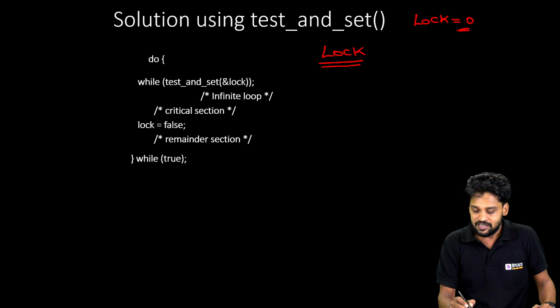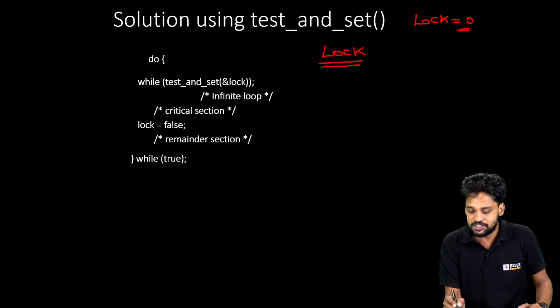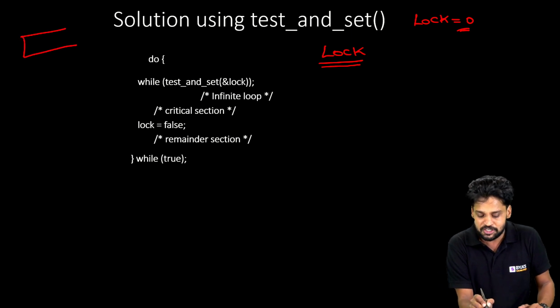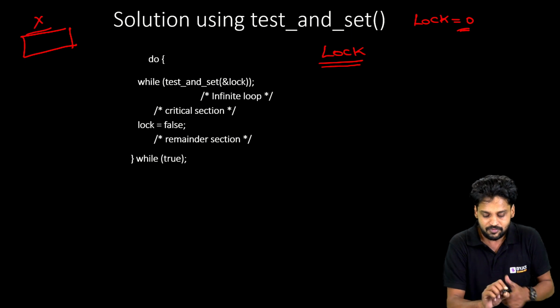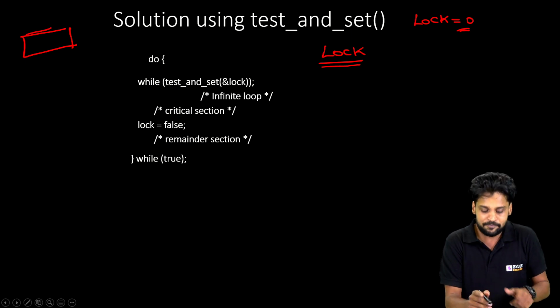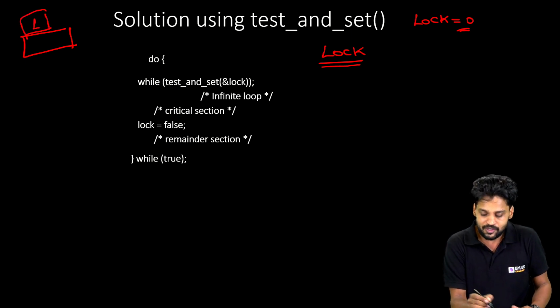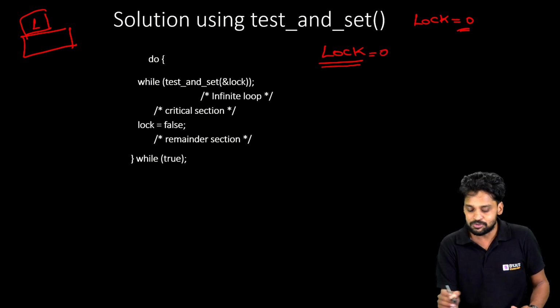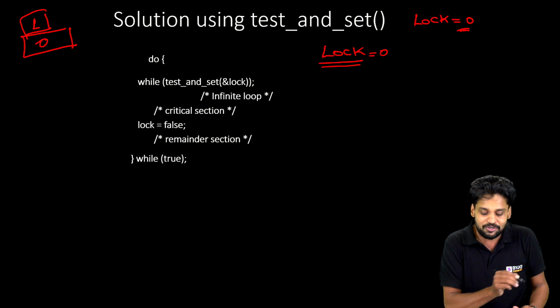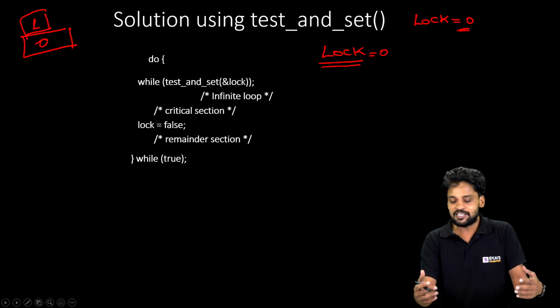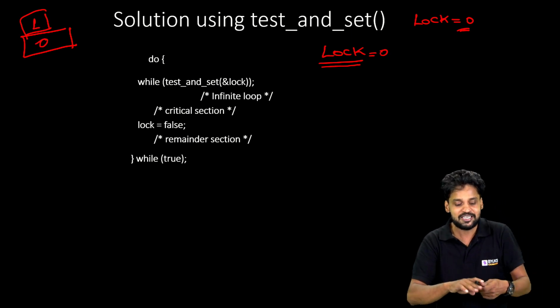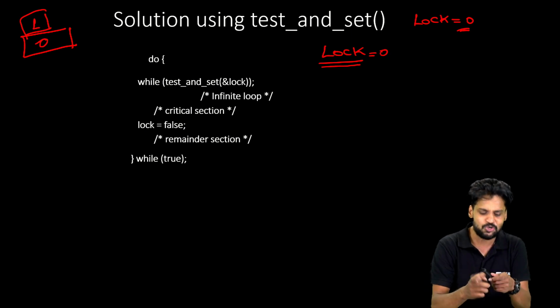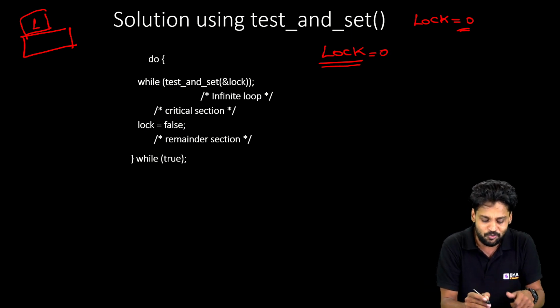If you use it in association with the test and set function, then our special register, I would say X, otherwise I would say L, will be assigned to this lock. As the lock value is equal to 0, this L value is equal to 0. And once one process enters into the critical section, our register value is equal to 1.